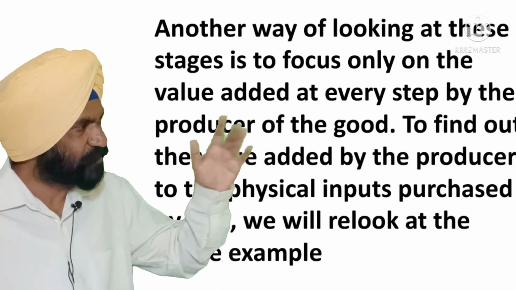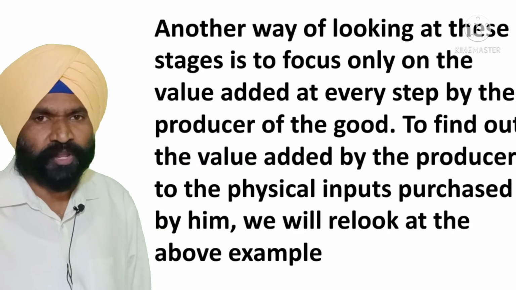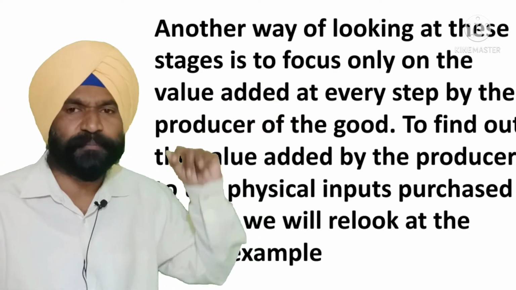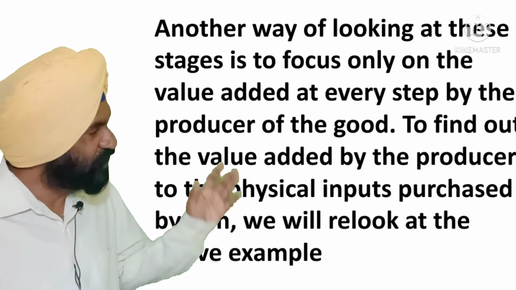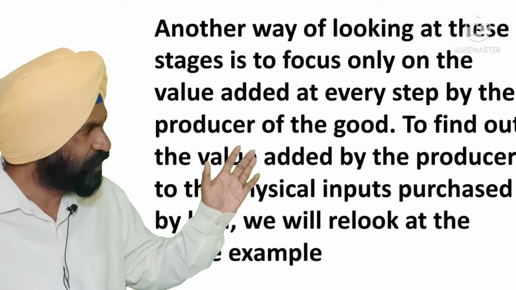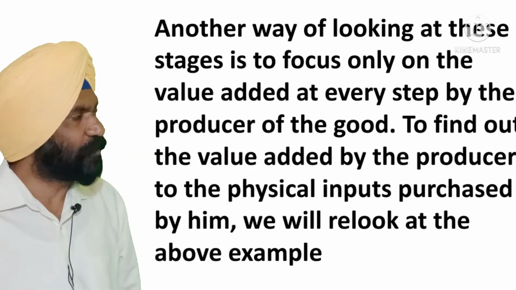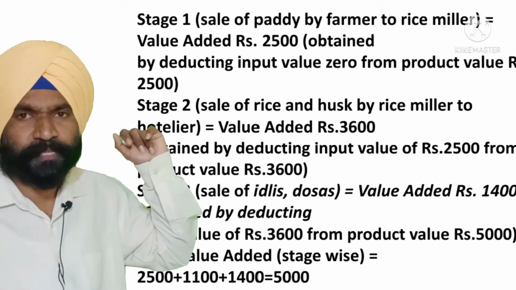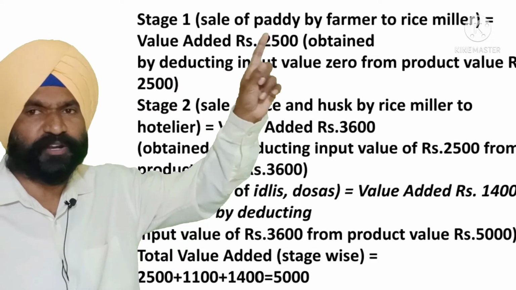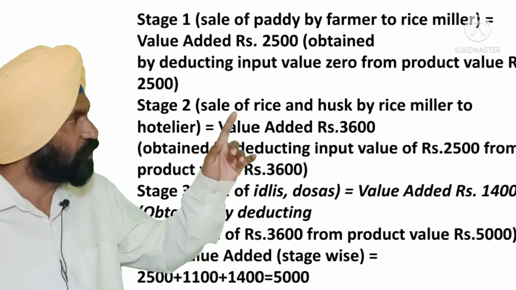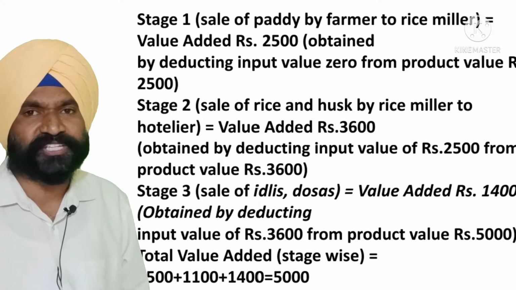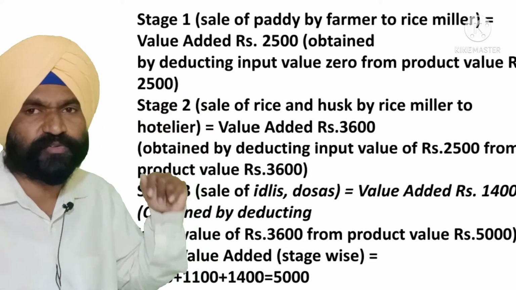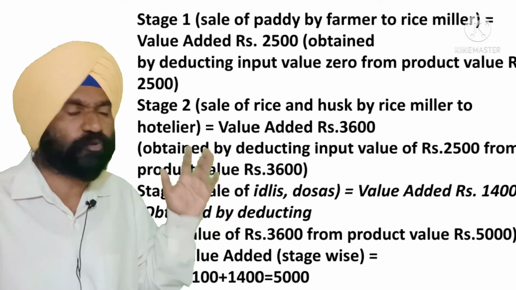By step by the producer. To find out the value added by the producer to the physical inputs purchased by him, we will look again at the above example. Stage 1, sale of paddy by the farmer to the rice miller: value added here is 2,500, obtained by deducting input value 0 from the product value rupees 2,500.